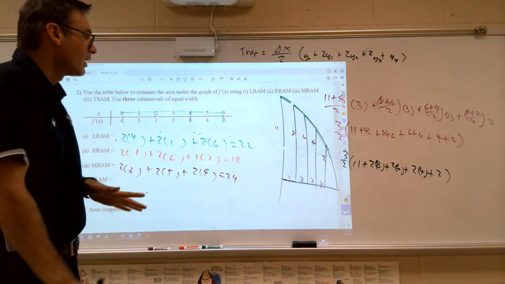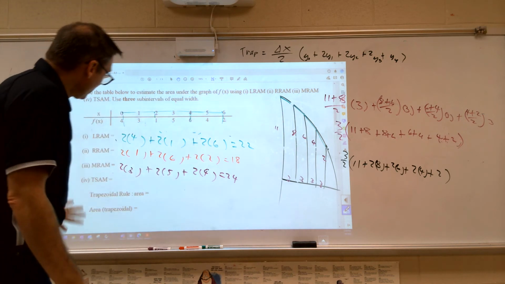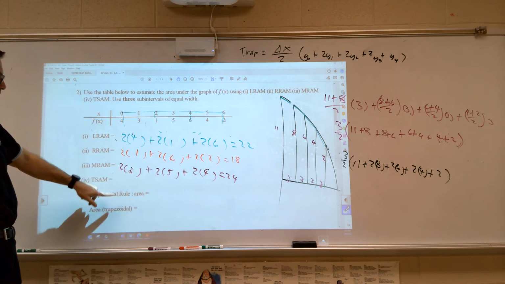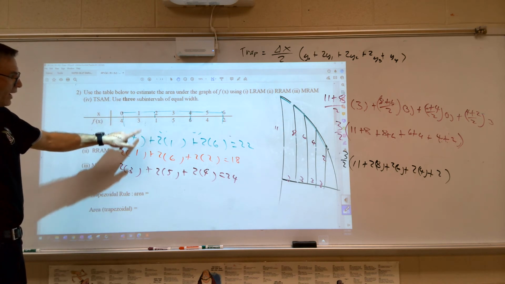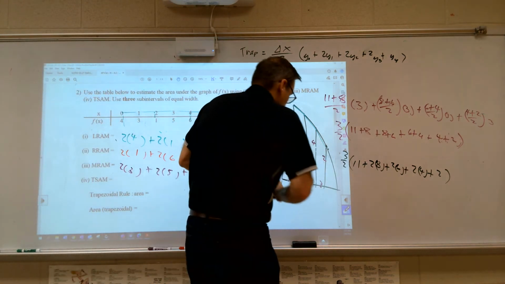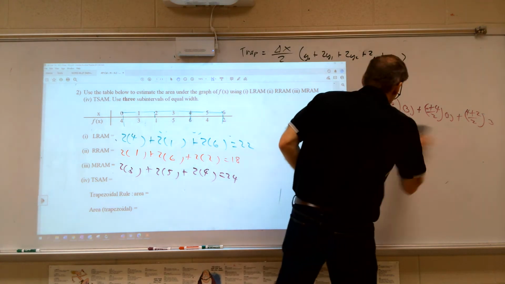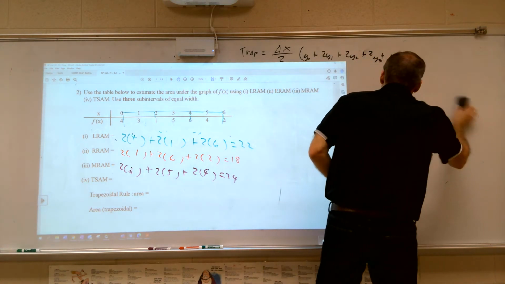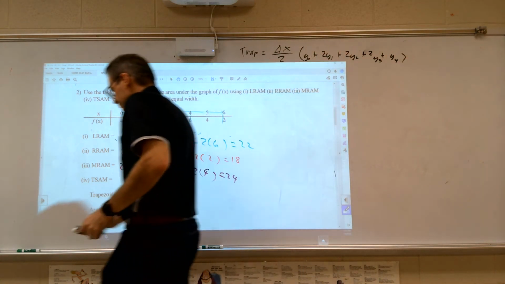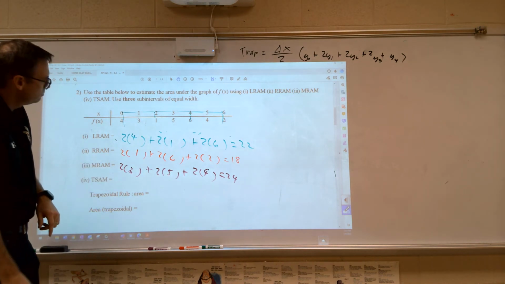Now, if that's our trapezoidal rule, let's go back and look at how I would do the trapezoidal rule with this problem. All right, so here's the rule.